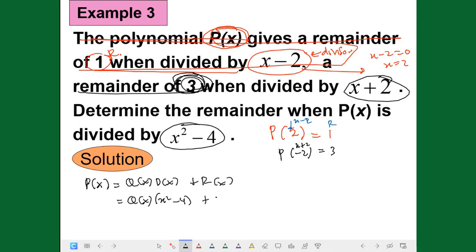So what pattern is Rx? Constant or linear? The divisor is quadratic, so is Rx constant or linear?